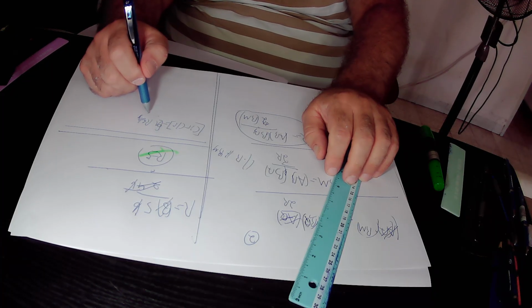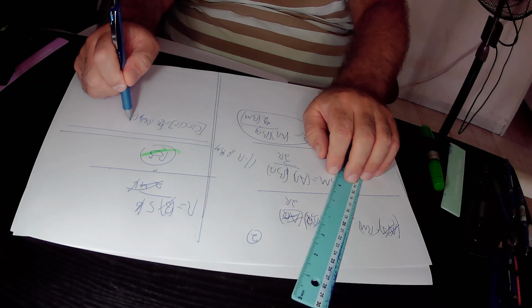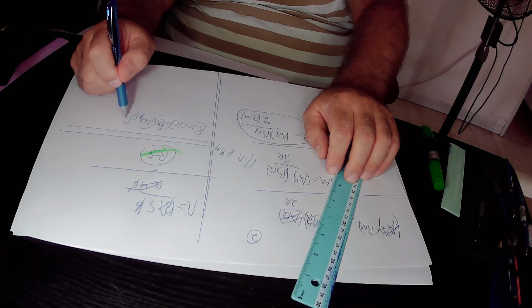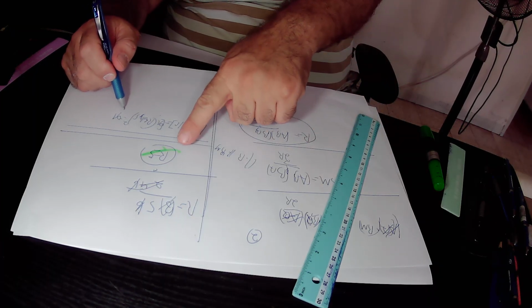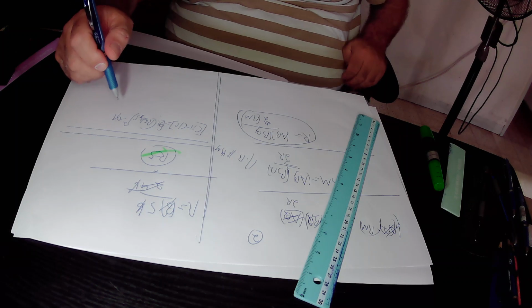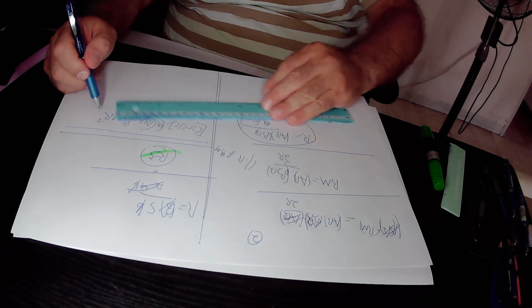Therefore, the area of our circle must be equal to pi times the radius of our circle squared, that is pi r squared.